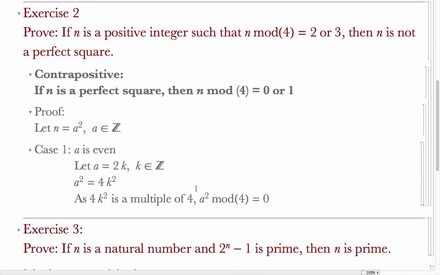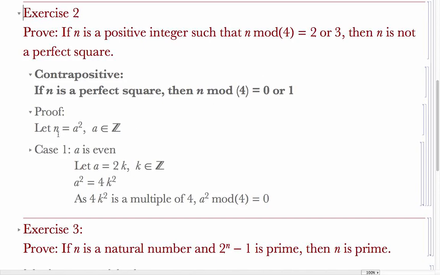And if a squared is a multiple of 4, then n is a multiple of 4, leaving a remainder of 0. And so if a is even, we definitely have the case where n mod 4 will be 0. So right there, half of the perfect squares are going to have a remainder of 0 when we divide by 4.